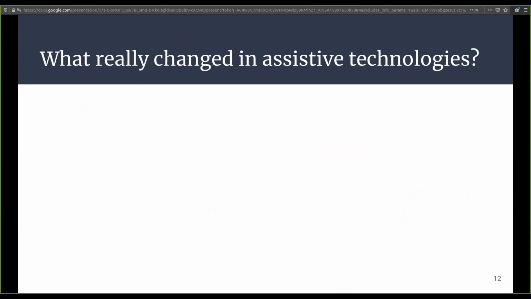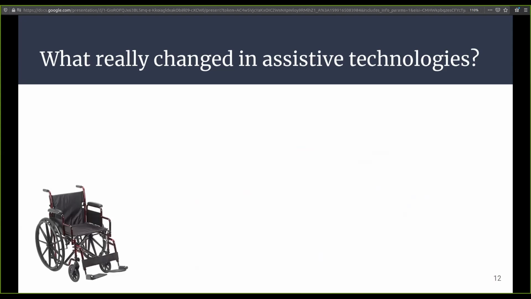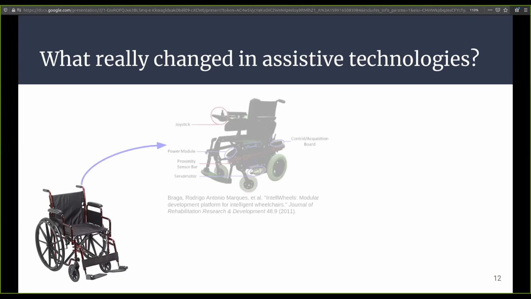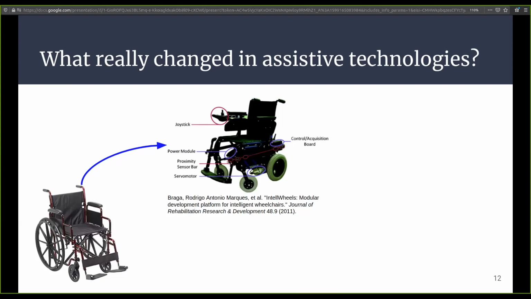So what has really changed in assistive technologies during the past years is that we started from that, which was mostly an ergonomic design. And as the technology progressed, we moved to something like that, which gave the subjects some more autonomy on what they were able to do by themselves.